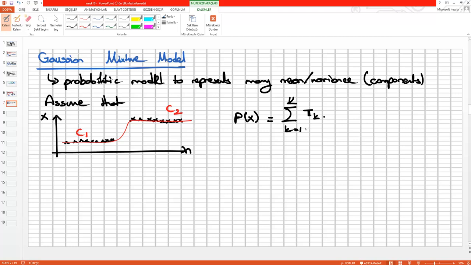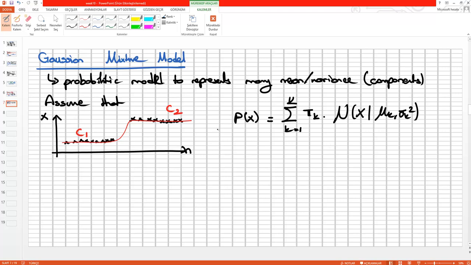It's the prior knowledge or the weight of the K components, K mean values, K variance values, and we should define the normal distribution for x given mu k and variance k, right? This is the combination of these terms. This is called the mixture model. Mixture, mix.